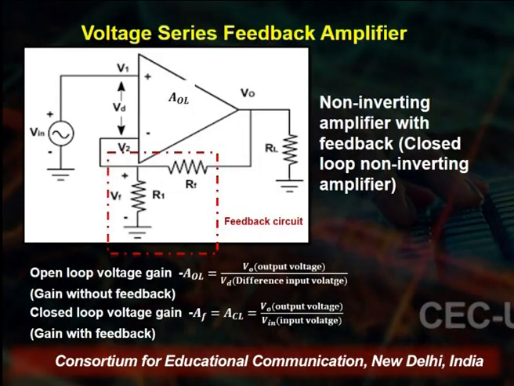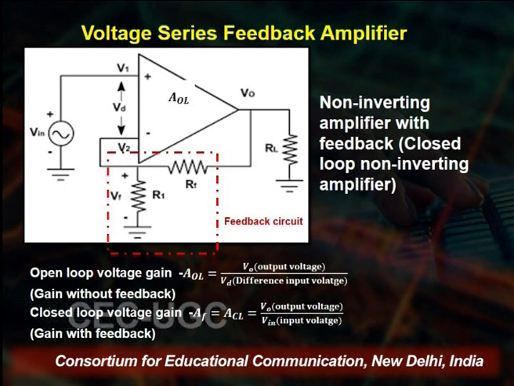So, the voltage series amplifier circuit is what we are going to consider, and from the figure we understand that the feedback provided, as we can see, is to the pin number 2.